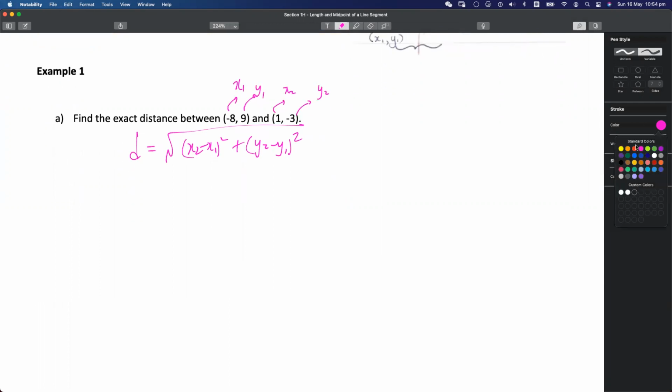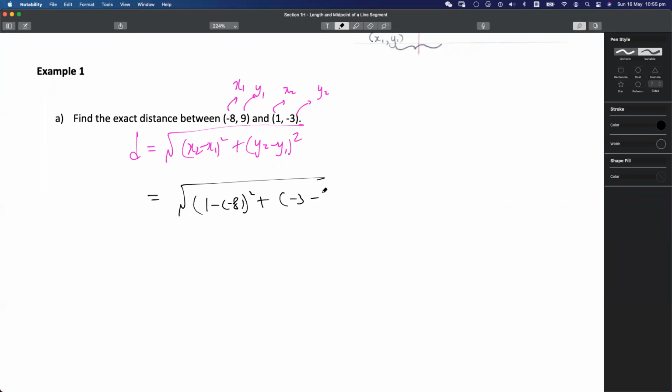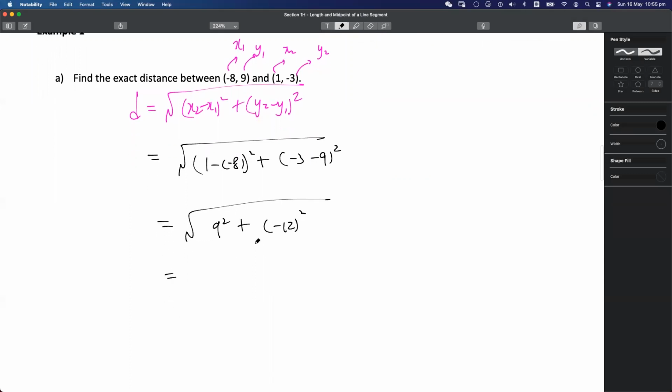Now we can just put the numbers in. x2, which is 1 here, minus x1, minus 8, squared, plus y2, negative 3 here, minus y1, 9, squared. Brackets first: 1 minus negative 8 is 9, squared, plus negative 3 minus 9, which is negative 12, squared.